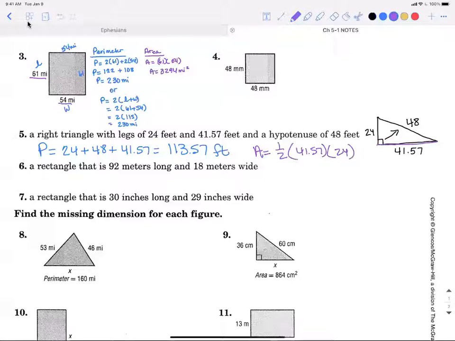When I punch it into my calculator, I punch 0.5 times 41.57 times 24, and I get area equals 498.84. And how am I going to label it? Aiden, how am I going to label this one? Feet squared. Good.